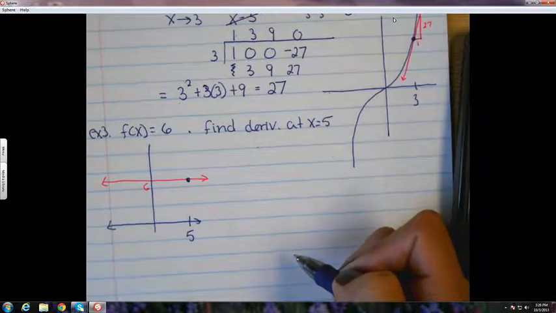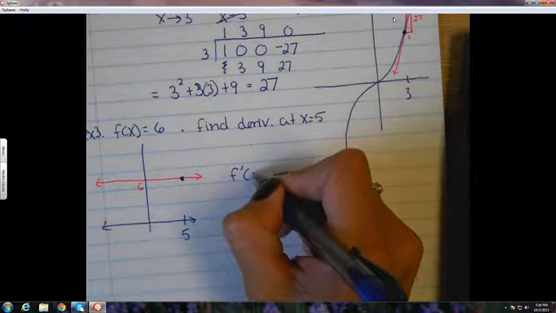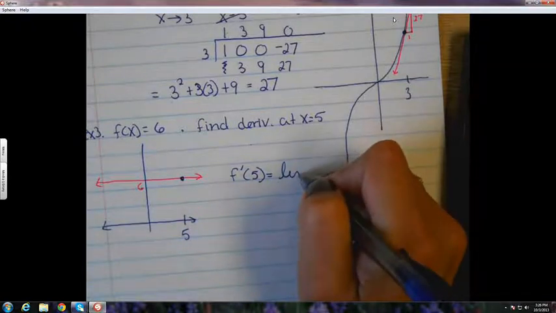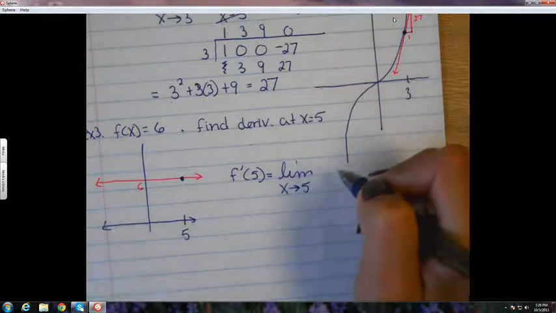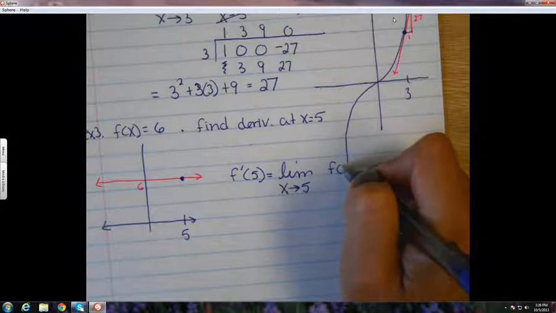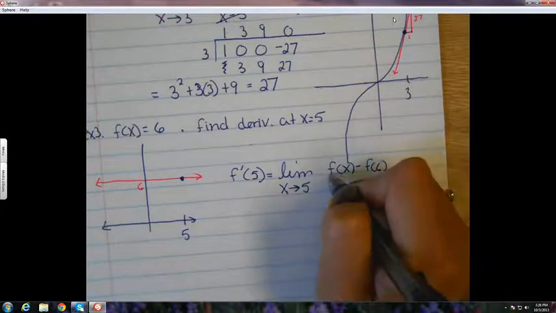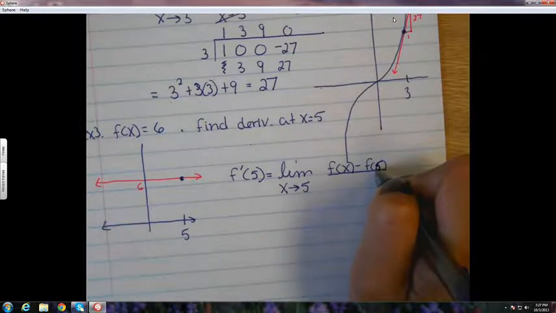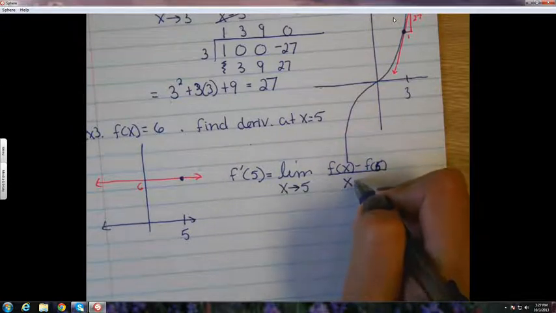Using the definition. So f prime of 5 is the limit as x approaches 5 of f of x minus f of 6 all over x minus 5, my bad, f of x minus f of 5 all over x minus 5.